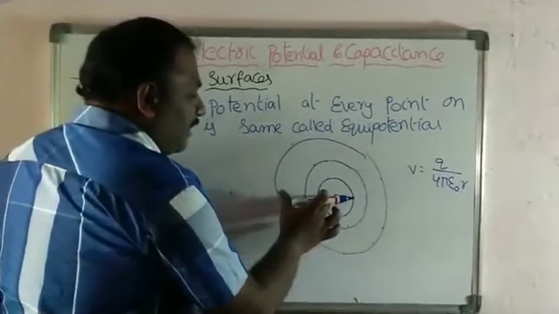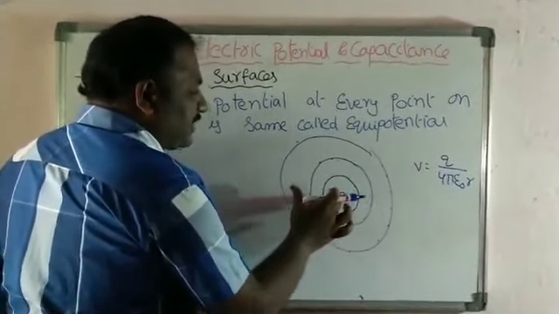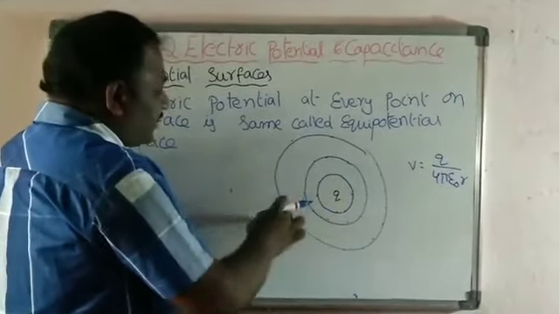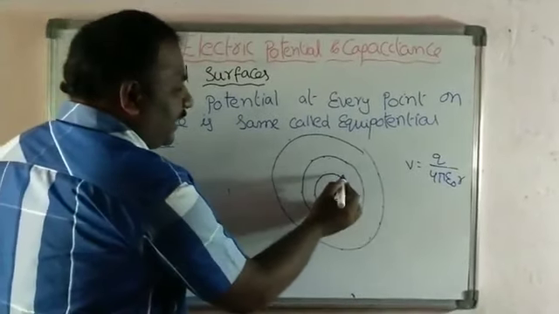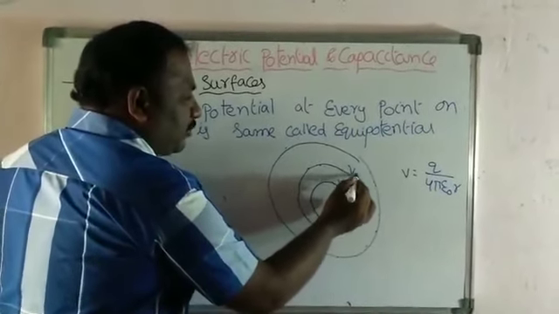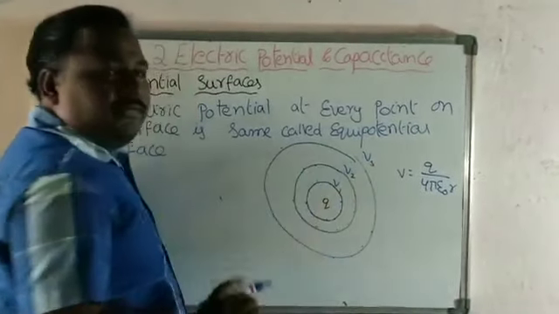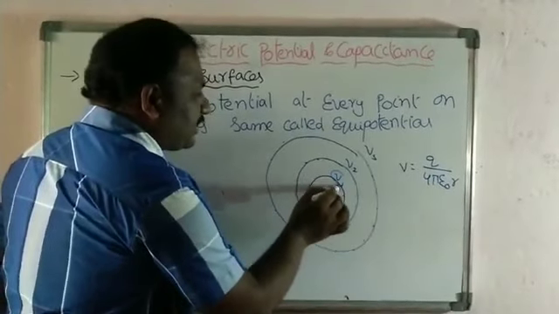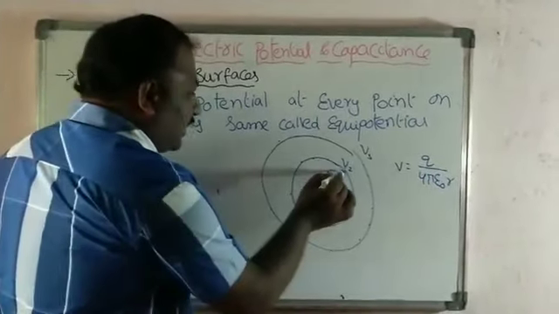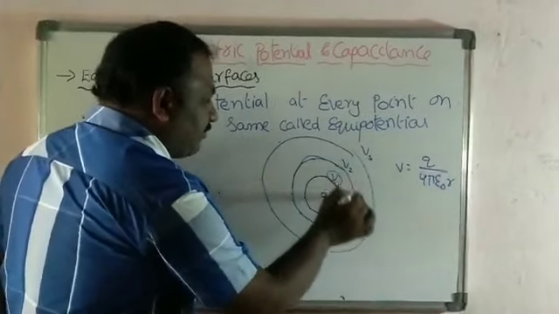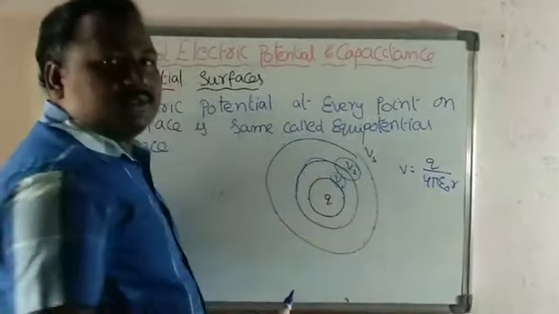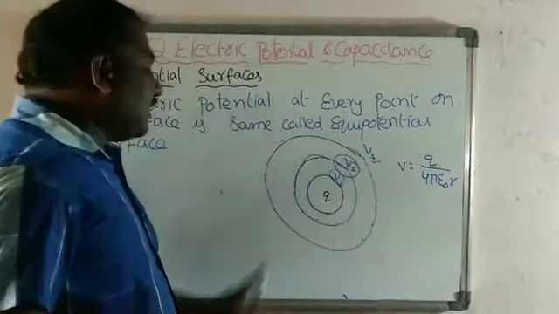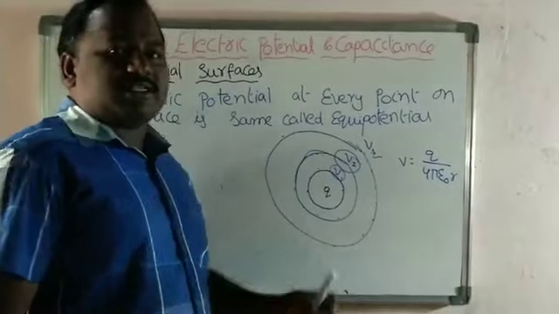For example, the distance between this surface and the charge is less compared to this surface, and less compared to this surface. Here we take potential V1, here potential V2, here potential V3. Meaning, on this surface at any point the potential is constant, that is V1. On this surface at any point the potential is V2. On this surface the potential at any point is V3. These can be called equipotential surfaces.